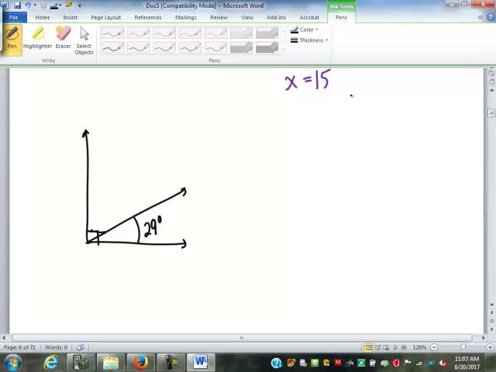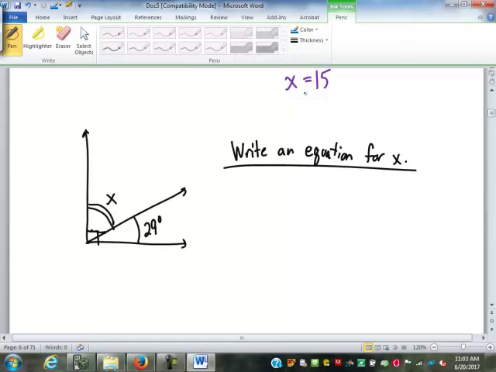If I give you a situation like this where we have a right angle, we have a smaller angle in here, and I have angle x there. But I'm not going to ask you to find x. I'm just going to ask you to write an equation for x, or to find x.